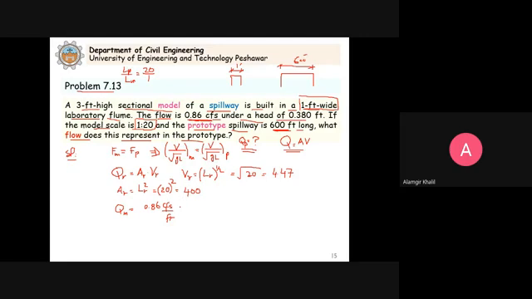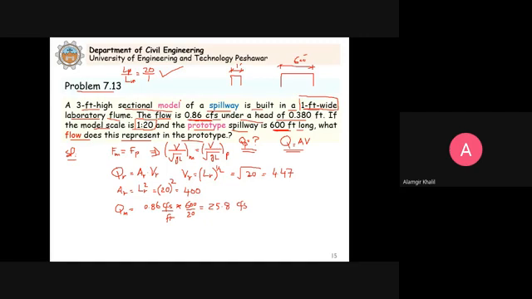So what we need to do is convert this discharge in the model. This will be equal to 600 by 20, 600 divided by 20. Clear? So from here, what is the answer? This is equal to 25.8 CFS, and this is now following this scale ratio.